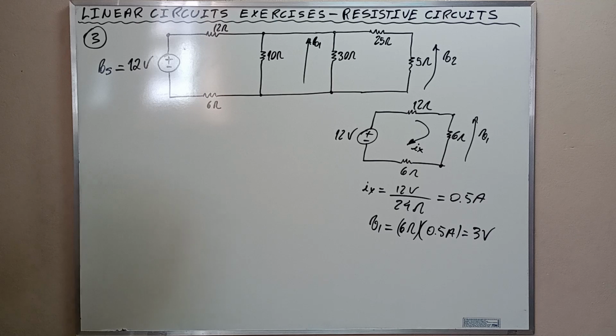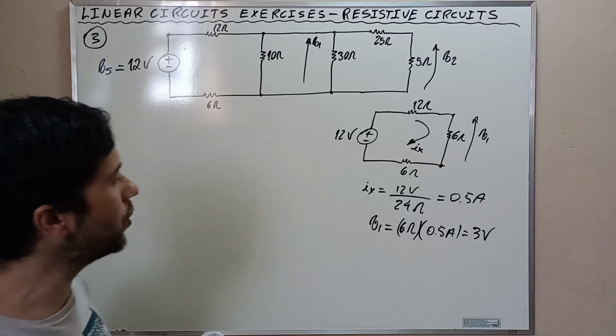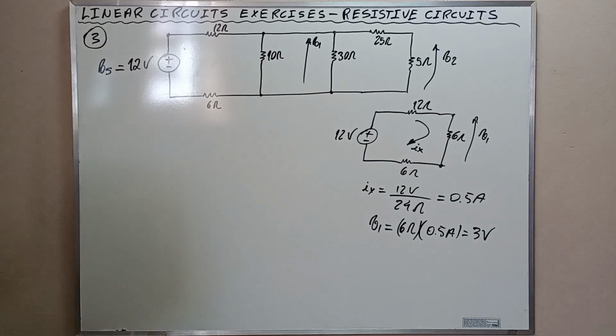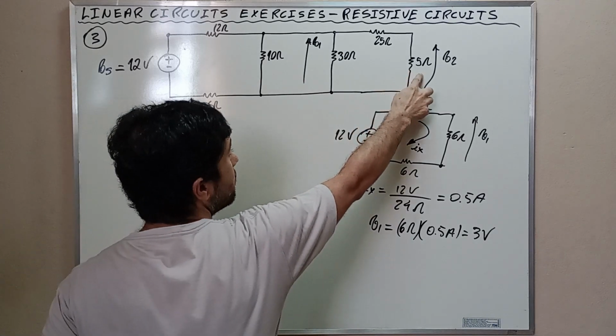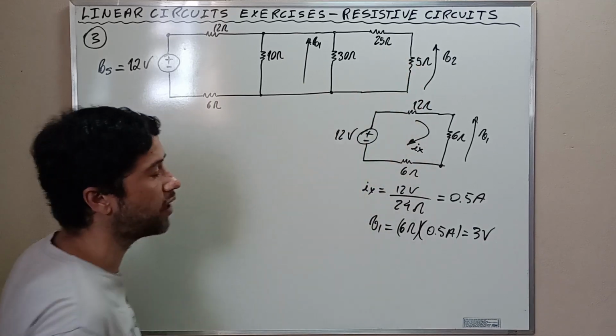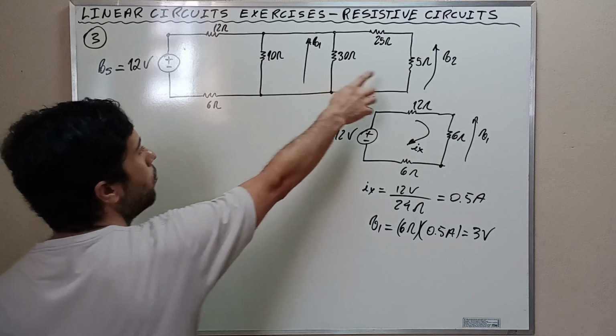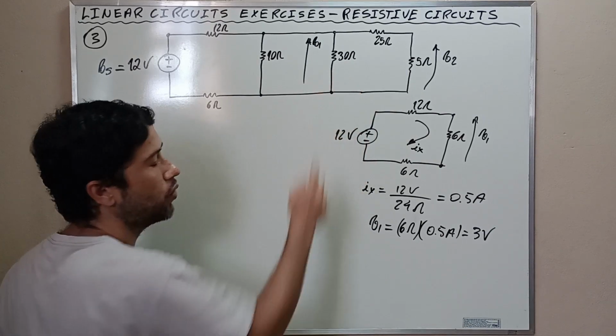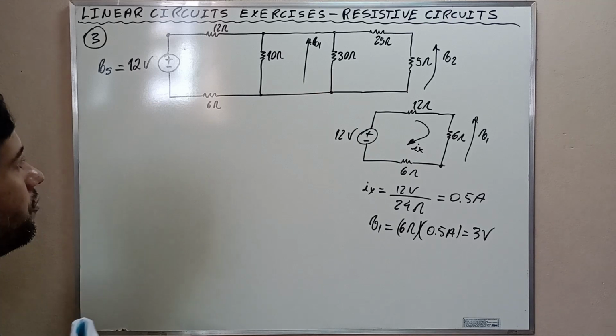Alright, my friends? This is how we calculate. One more time, I'm going to repeat so you will understand everything. We combined this resistance with this resistance. 5 plus 25 is 30. And we combined this with this in parallel. 30 with 30 in parallel is 15.